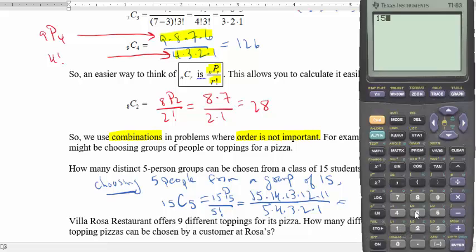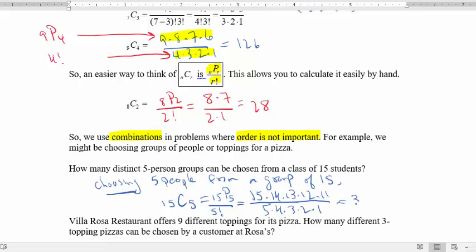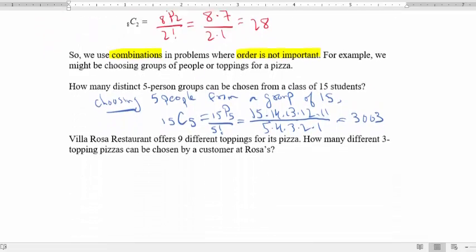So 15C5. So I could choose 3003 distinct groups, right? So 3003. And again, that's only using 5 of the people. That's not breaking the whole class into groups. That's just taking 5 people from the 15 and making a group.